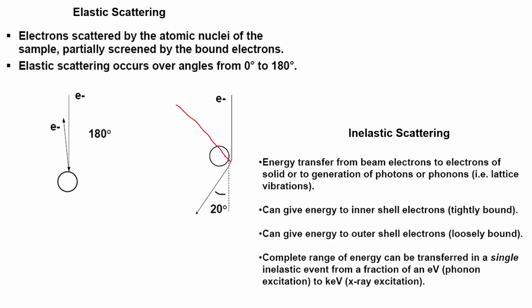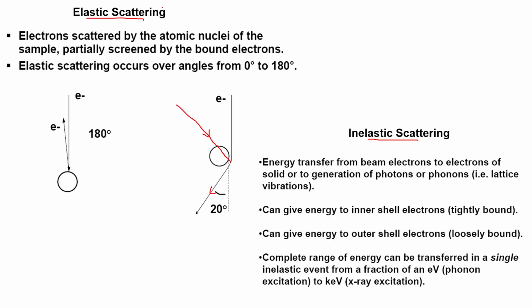If this is your wall and we push the ball here, it will go in this direction. This, where no energy is lost, is known as elastic scattering, whereas the scattering where the energy is lost but the direction remains the same is known as inelastic scattering.